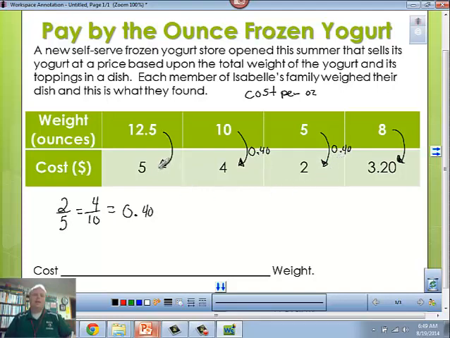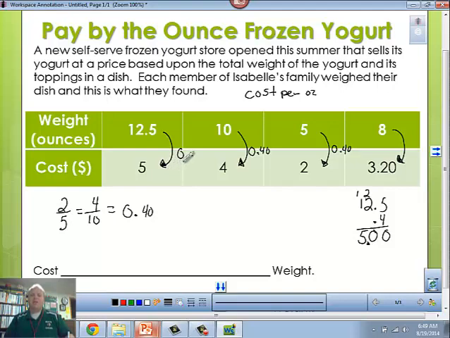Then if I look at 12.5, I multiply 12.5 times 40 cents. 5 times 5 is 20, I carry my 2. 4 times 2 is 8, plus 2 is 10, carry my 1. 4 times 1 is 4, plus 1 is 5. I have 2 decimals in my problem, so I need 2 decimals in my answer. So I'm at $5.